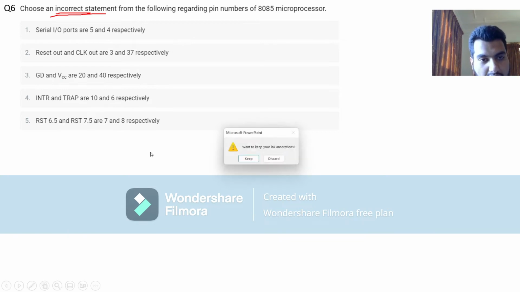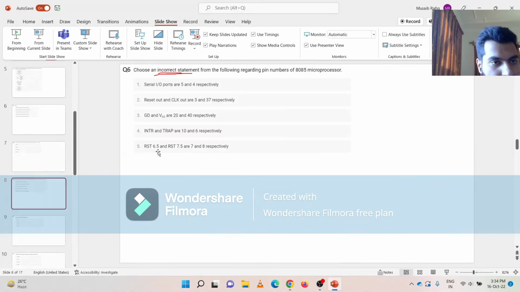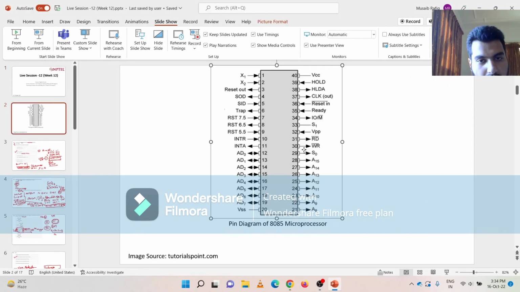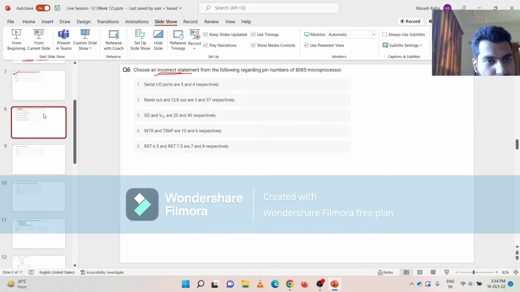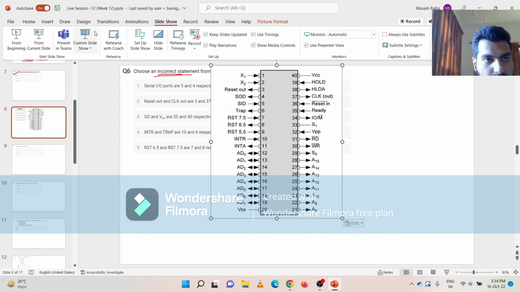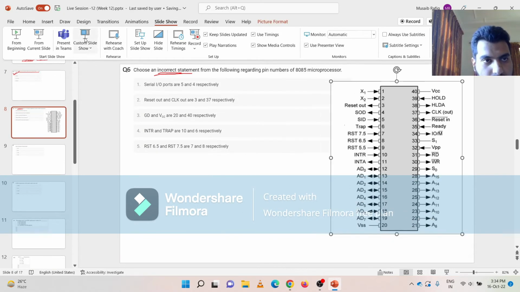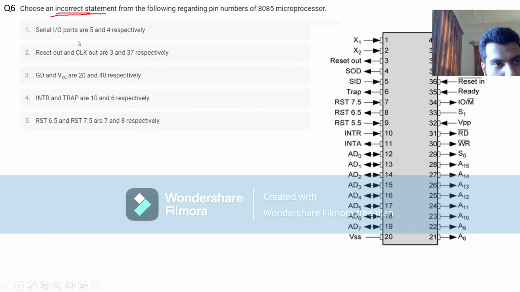I had this pin diagram which I had discussed earlier. Let me put it out here. Serial input and output ports are 5 and 4 respectively. Reset out and clock out are 3 and 37. Ground and VCC are 20 and 40. INTR and trap are 10 and 6 respectively.